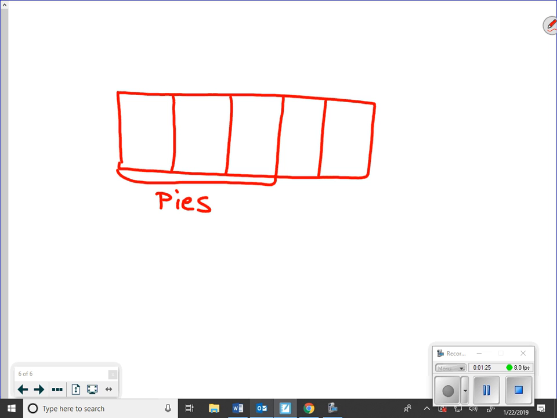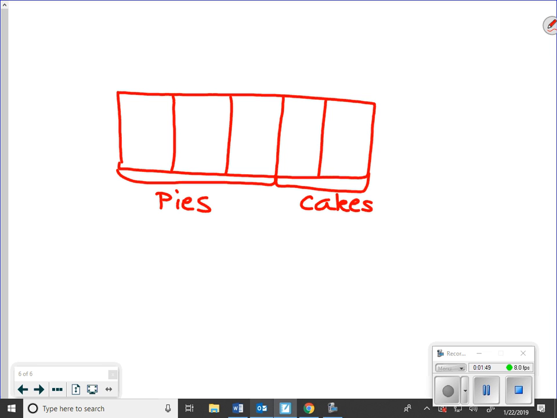So I already know this is the rest. There's 2 leftover units. That's the rest. Cakes and pies. So this right here, cakes. That's the rest. Okay, so we got that. 3/5 pies, 2/5 cakes.